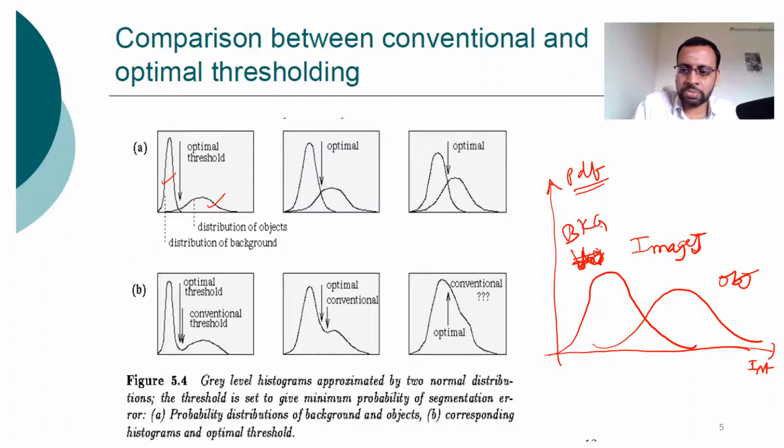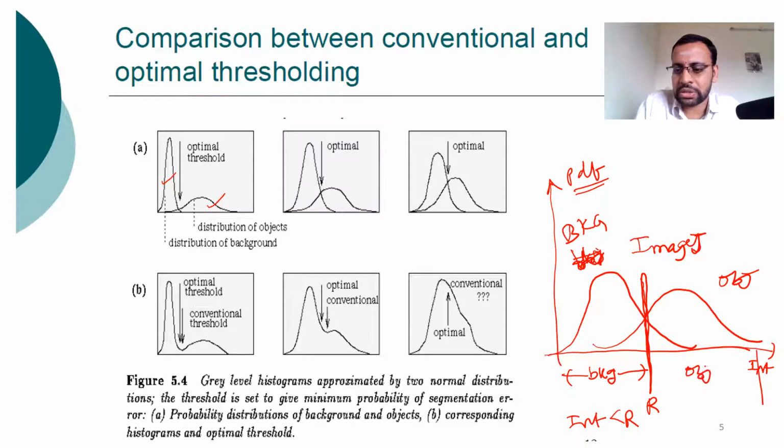I would choose this intersection point as my threshold, and let's call this value R. If the intensity is less than R, it's background, and more than R, it's object. Somewhere you put an equal sign in one of those conditions.